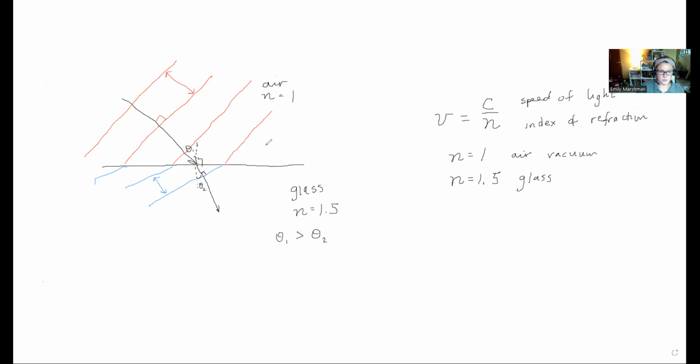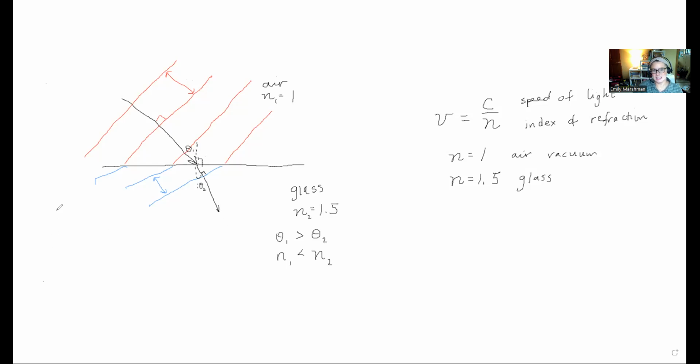This happens when the index of refraction incoming is less than the index of refraction that the light is going into. So light is bent towards the normal when I go from a low index of refraction to a higher index of refraction.